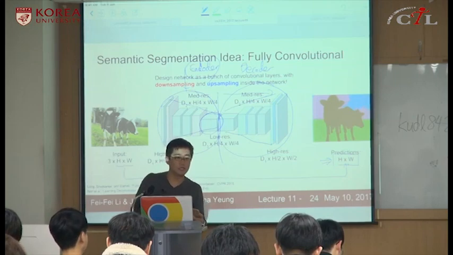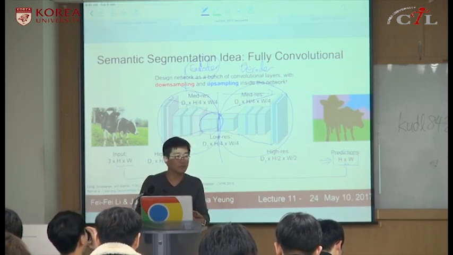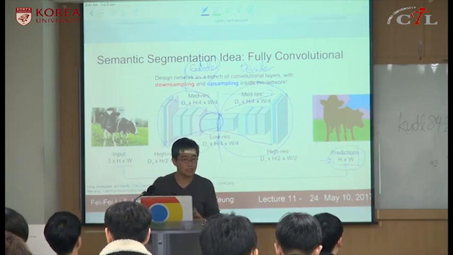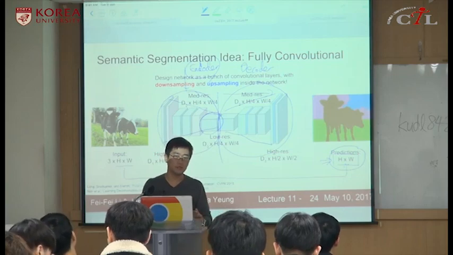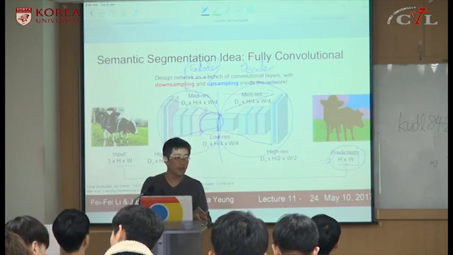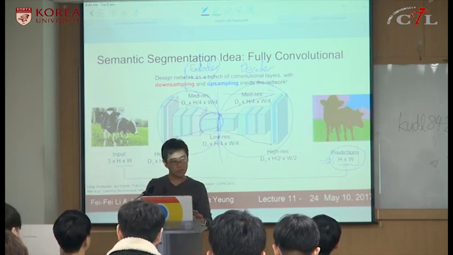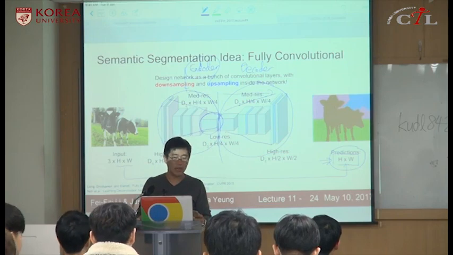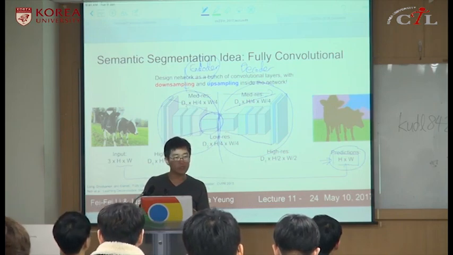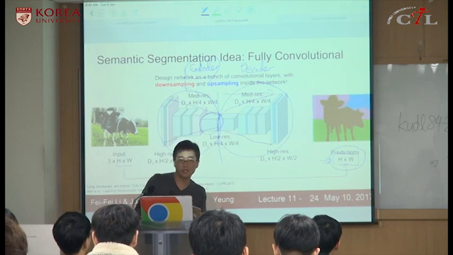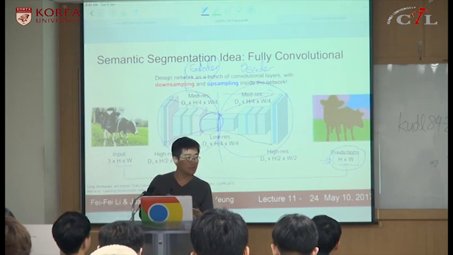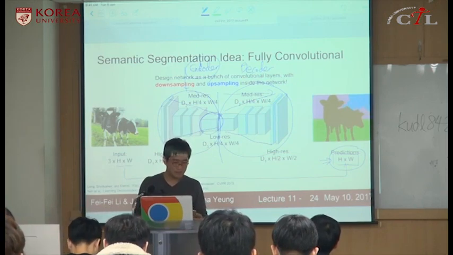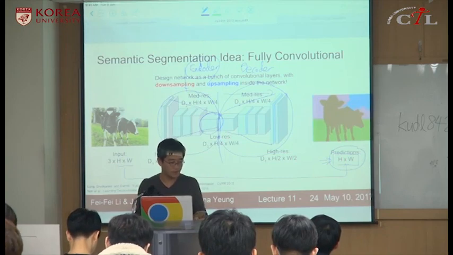We actually decode it into the output that we want, whether it is a pixel-wise label among predefined categories, or, in the case of instance segmentation, a binary label, whether it is a foreground or background pixel. The pixel-wise label is either 1 or 0, depending on whether that pixel belongs to the particular object of interest.